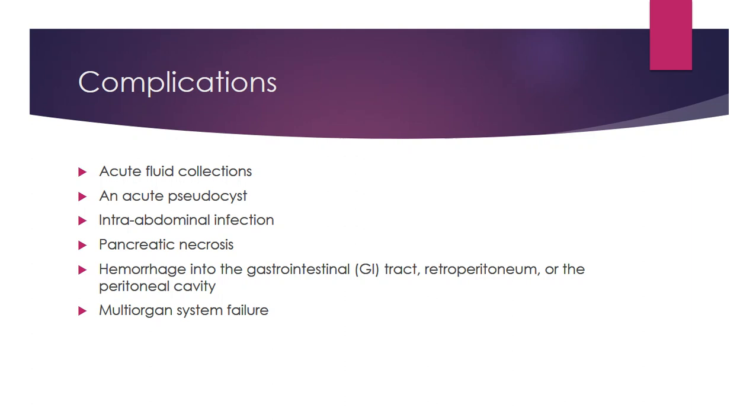Hemorrhage into the gastrointestinal tract, retroperitoneum, or the peritoneal cavity is possible because of erosion of large vessels. Intestinal obstruction or necrosis may occur. Common bile duct obstruction may be caused by a pancreatic abscess, a pseudocyst, or a biliary stone that caused the pancreatitis.